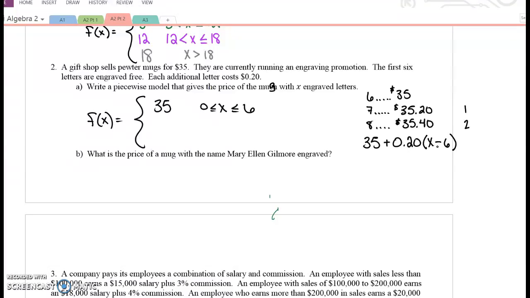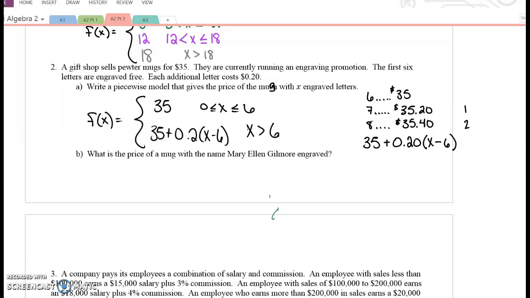Plug in 8. 8 minus 6 is 2, so we'd be adding 40 cents, $35.40. So our second function is 35 plus 0.2 times (x minus 6). In a perfect world, I would say multiply that out and simplify it, but it doesn't really matter. And this is for any number of letters larger than 6.